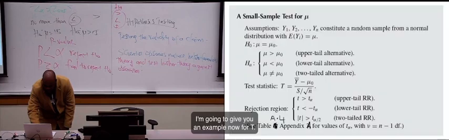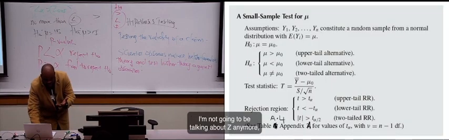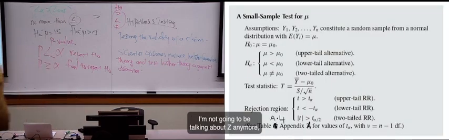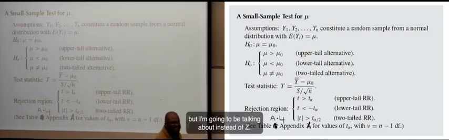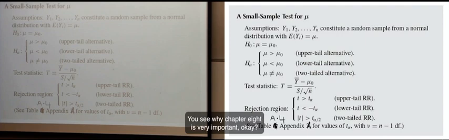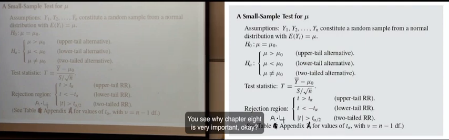Okay, now all we've been doing, we've been talking about Z. When do we use the t-test? I'm going to give you an example now. For the t-test, I'm not going to be talking about Z anymore, but I'm going to be talking about T. T instead of Z. You see why chapter 8 is very important?